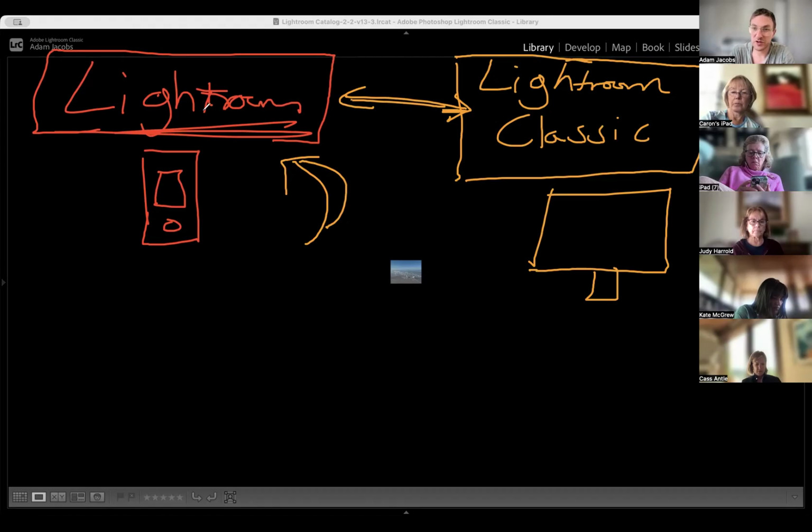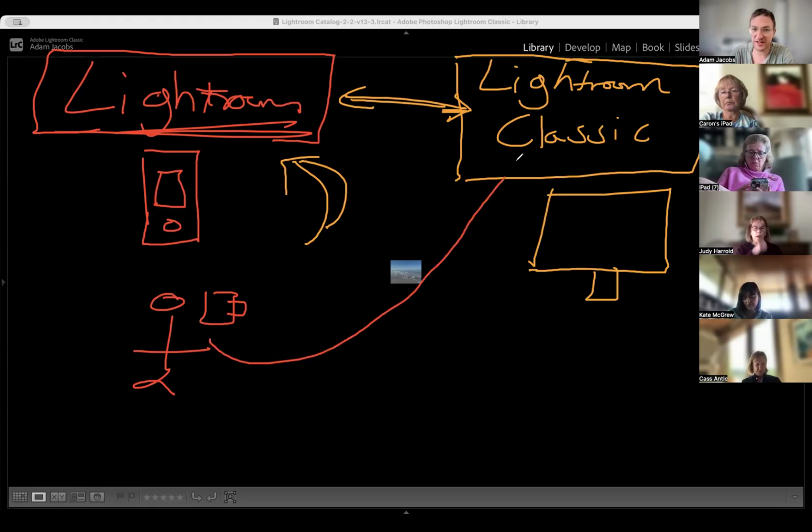The Lightroom app, not so much. But one thing they did not long ago, in like November, which was a huge change, and a big reason why people like being in this whole ecosystem, is that you can take your pictures over here. So you're out on a walk taking your pictures, and they automatically come in here.